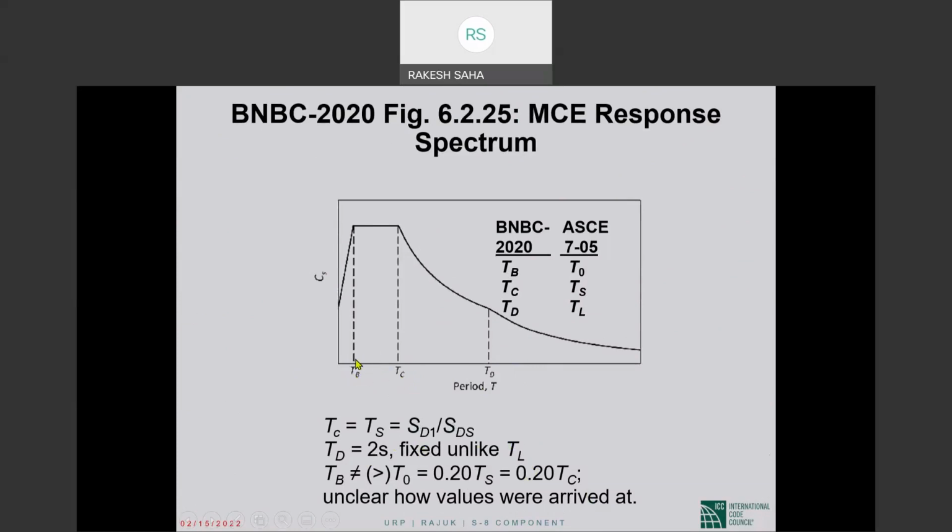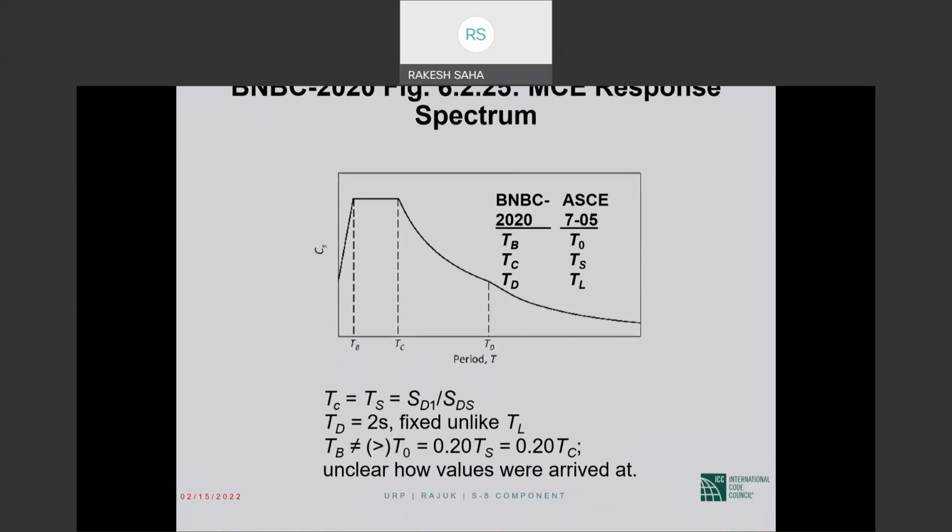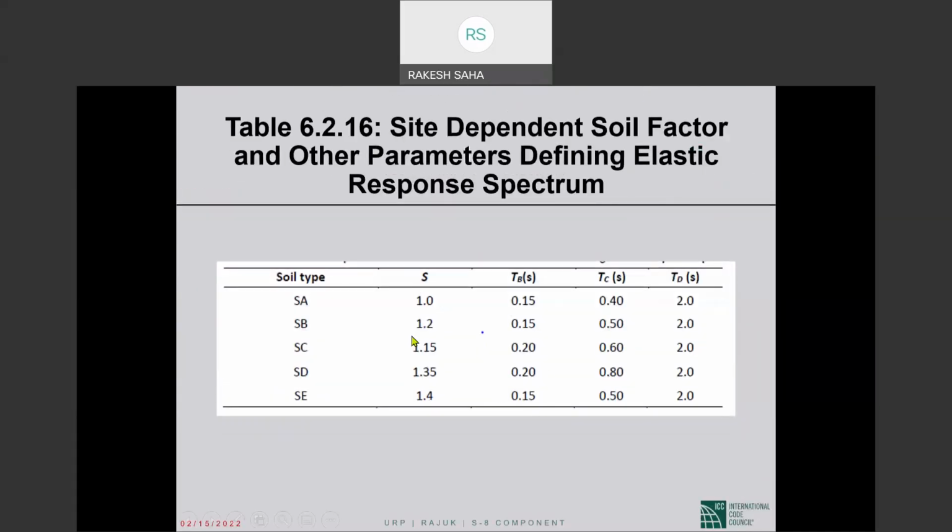The T sub B is not the same as T sub 0 of ASCE 7. It is different, and I don't exactly know how T sub B was derived, but in any case, it defines the spectrum, and the values of T sub A, T sub B, T sub C are given to you in this table in BNBC.